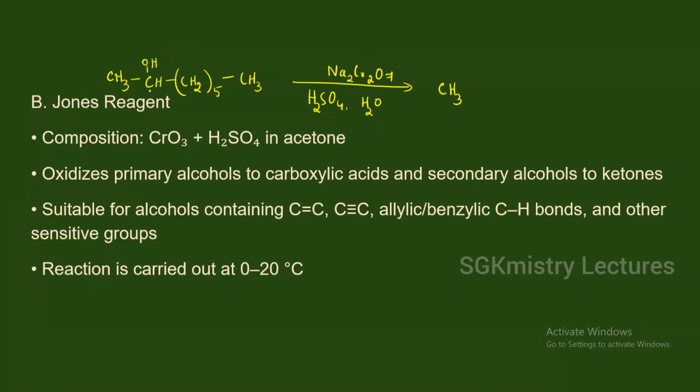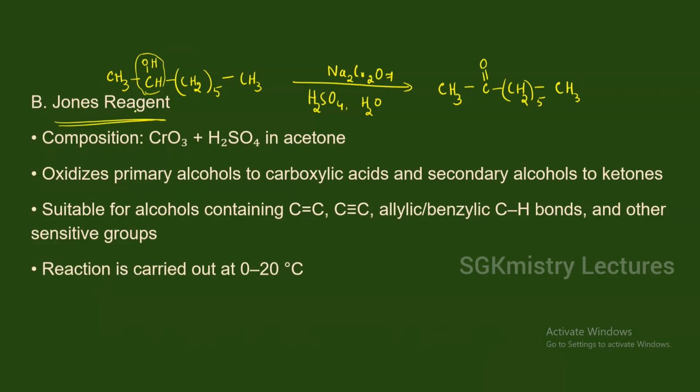Only here the oxidation takes place. So you're going to get CH3, C double bond O, then the other groups remain the same, CH2 5 times CH3, right? Now this particular ketone is resistant to further oxidation. Because of this, from the secondary alcohol in the presence of sodium or potassium dichromate in the acidic medium, you are going to get the ketones.